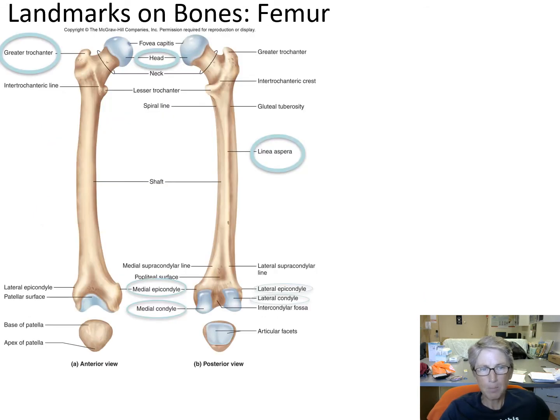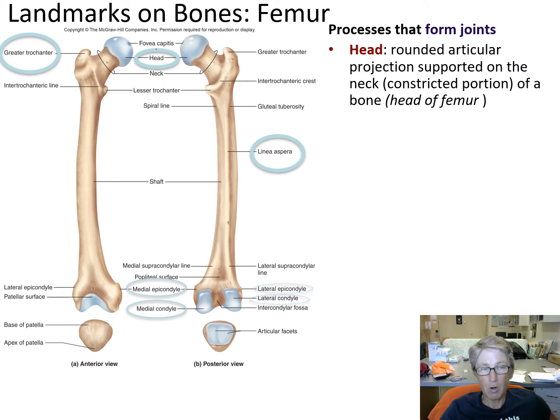Okay, more landmarks on bone. We'll look at landmarks on the femur, and I have these landmarks circled in green. These are processes that form joints that you find on the femur. So let's look at the first one. Here's the head of the femur.